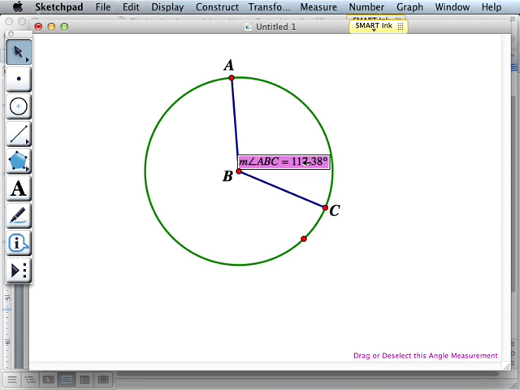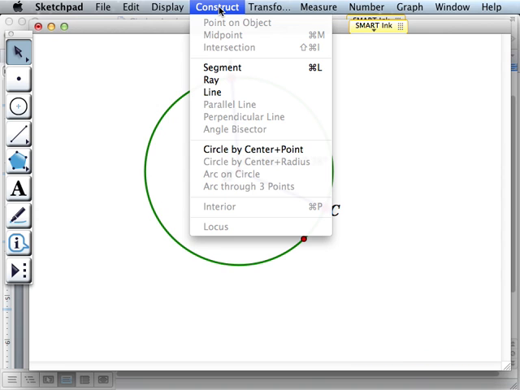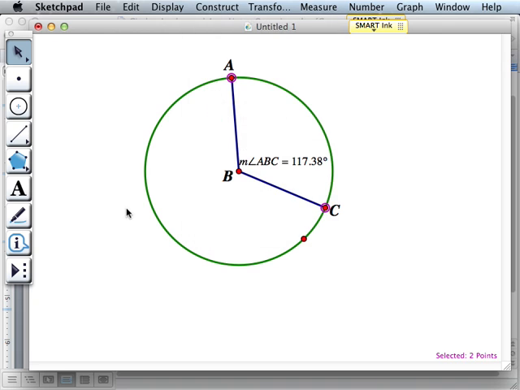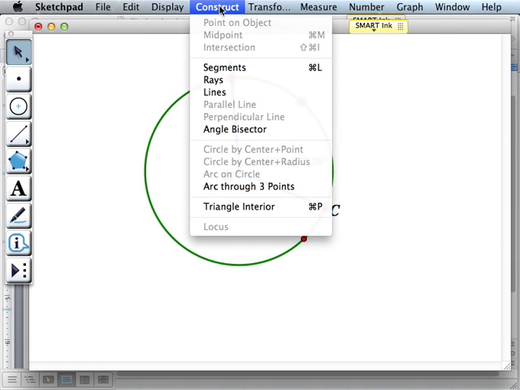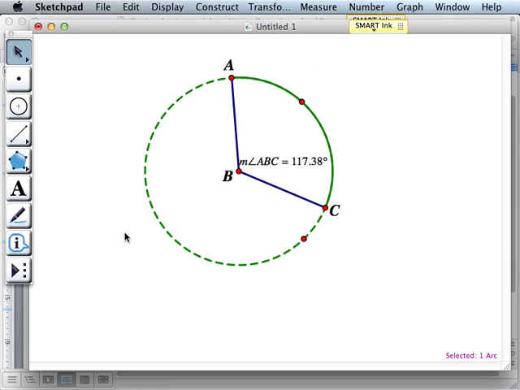Now I want to measure my arc. So my arc goes from here to here. So I want to construct, let's add another point. Construct arc. Okay. So now I'm going to go measure arc angle. So here's my arc angle. And this one's pretty easy to see.